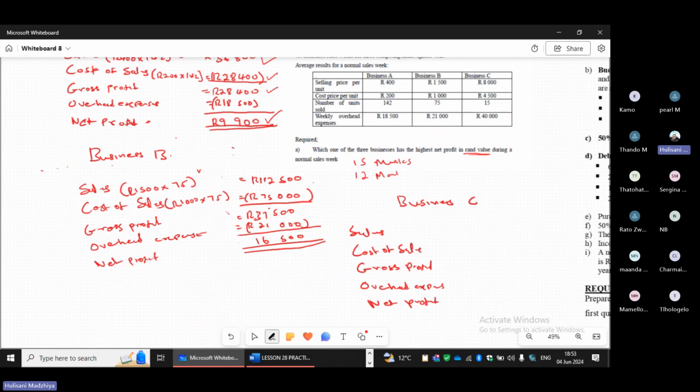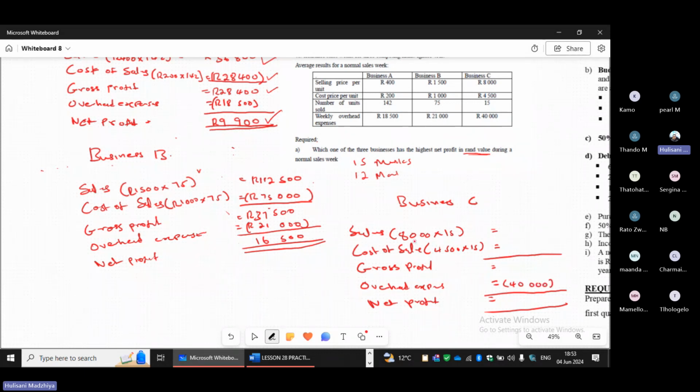So sales, it's 8,000 Rand multiplied by 15 units. Cost of sales, it's 4,500 multiplied by 15 units sold. So here we've got 40,000 as overhead expenses.